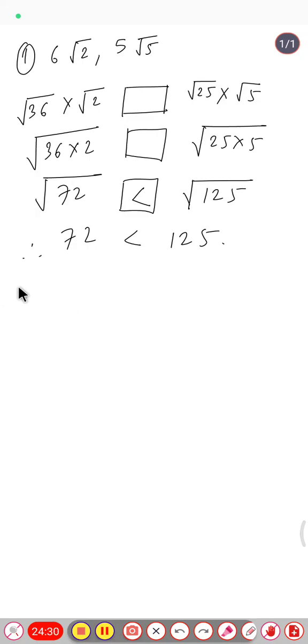So therefore we can say that 6 root 2 is smaller than 5 root 5. We'll see one more example by which you will understand this.